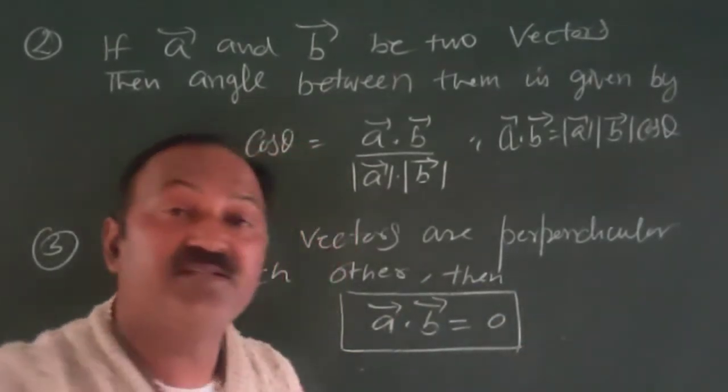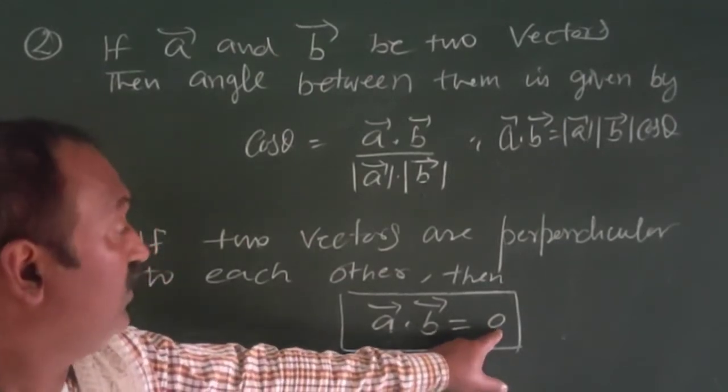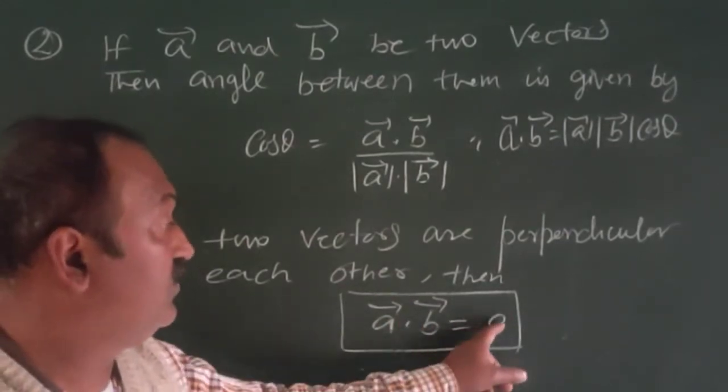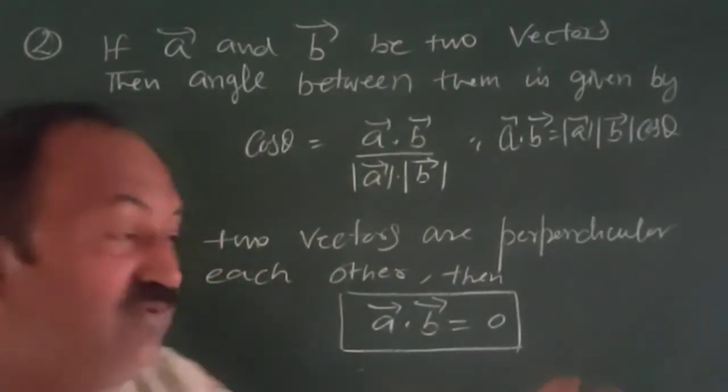Because the dot product is a scalar quantity, it should be a scalar, 0. If A dot B is equal to 0, then the two vectors A and B are perpendicular to each other.